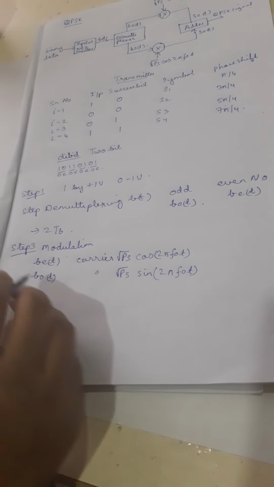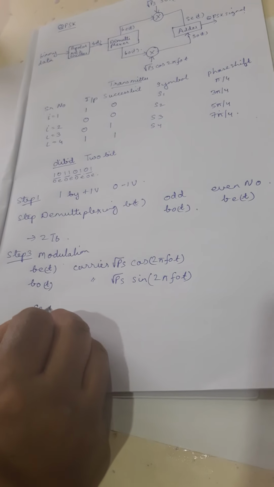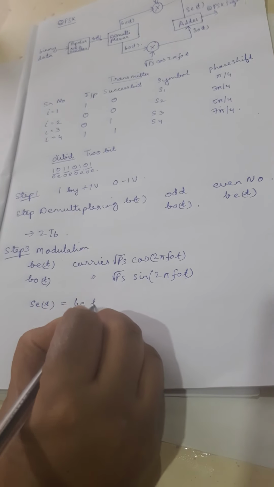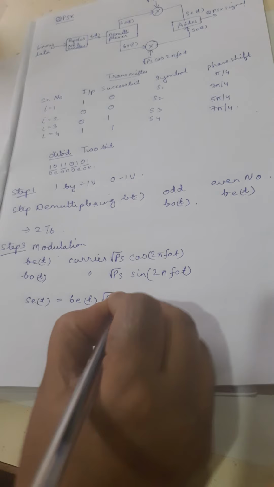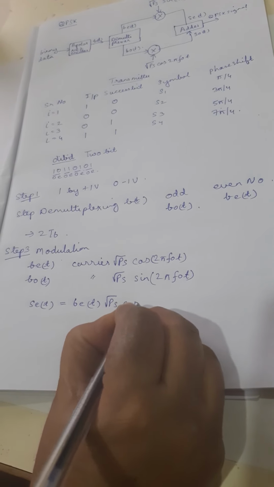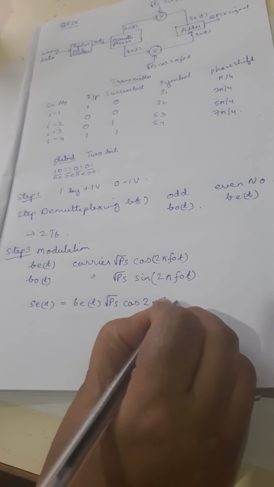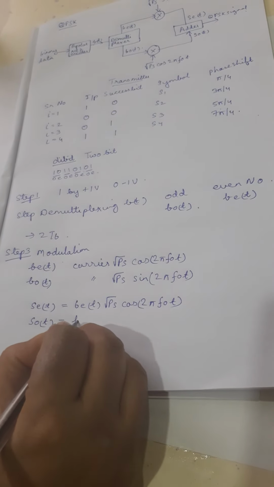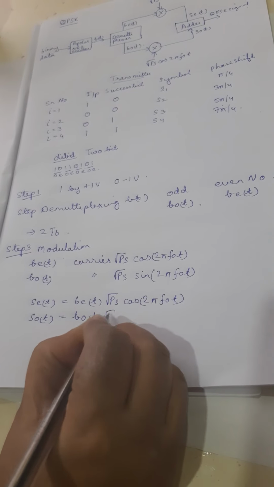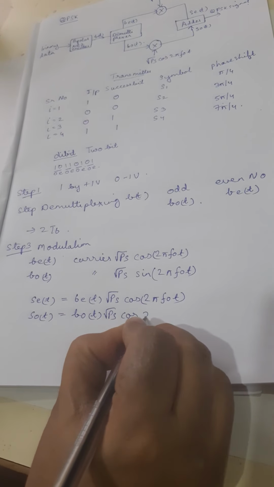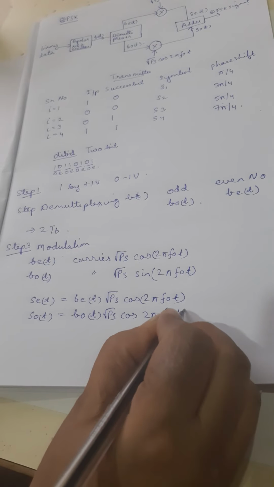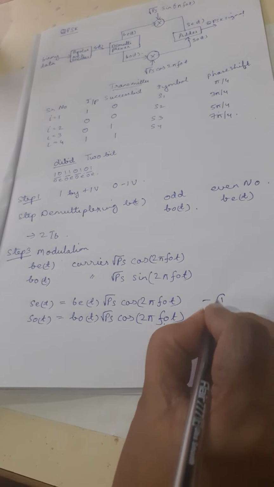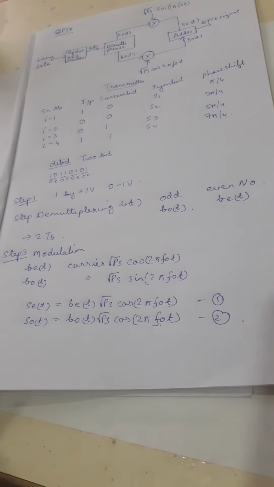So further they can be written as SE of t, that is BE of t root PS cosine of 2 pi f naught t. S odd of t can be written as BO of t root PS sine of 2 pi f naught t. Let these be equations 1 and 2.